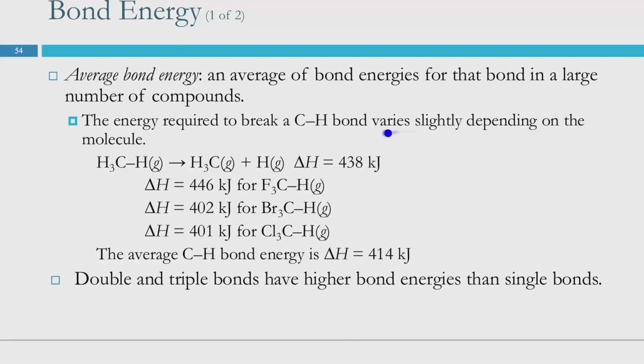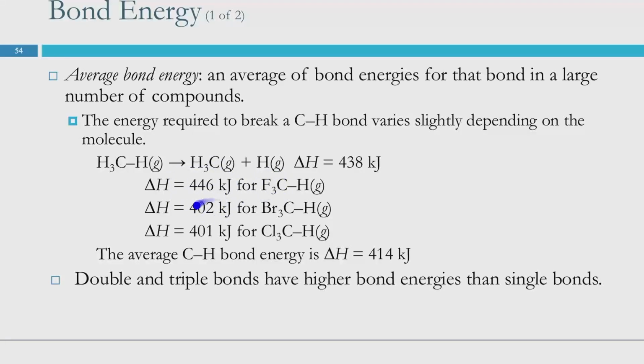So it can vary slightly depending on the molecule for a CH bond, just as an example. For example, if we have methane, CH4, going to H3C plus H, so we've pulled off one of those hydrogens, our change in energy, the amount of energy we put in, is 438 kilojoules per mole. If we've got fluorines or bromines or chlorines instead of hydrogens, that bond energy changes. It's more energy if we've got a bunch of fluorines.